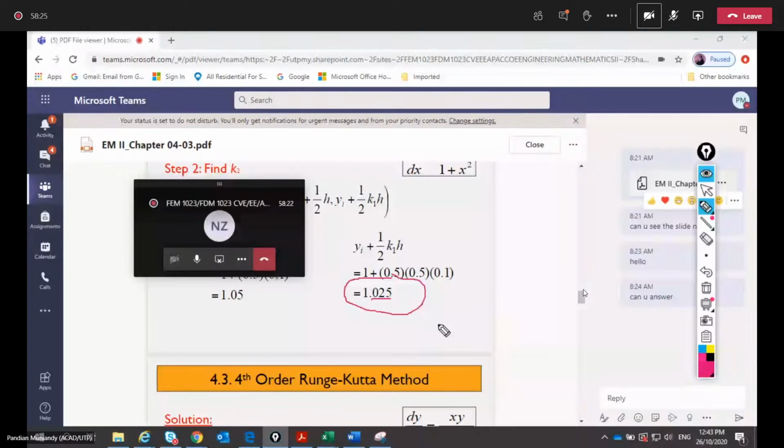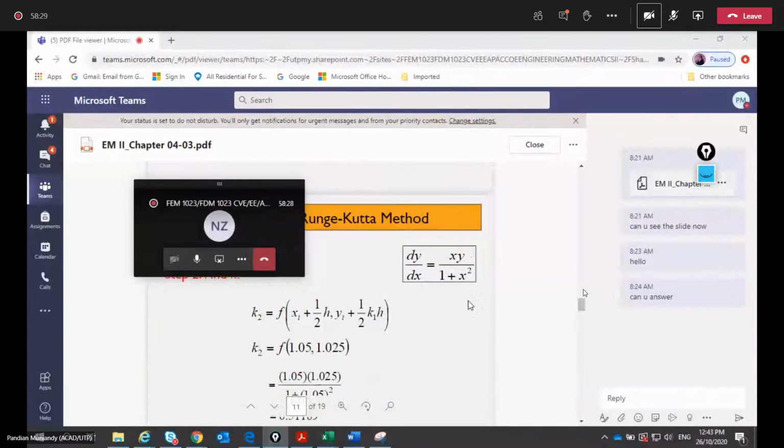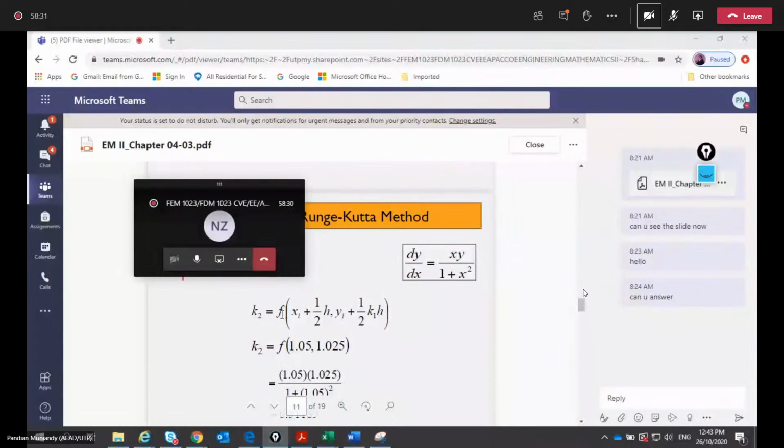Now, you want to calculate K2. So we proceed to K2. K2 equals f(xi plus h/2, yi plus K1 h/2). So xi plus h/2 is 1.05. Yi plus K1 h/2 is 1.025.